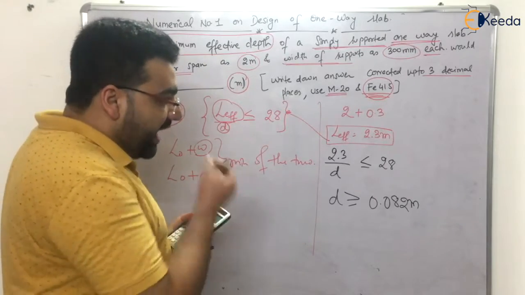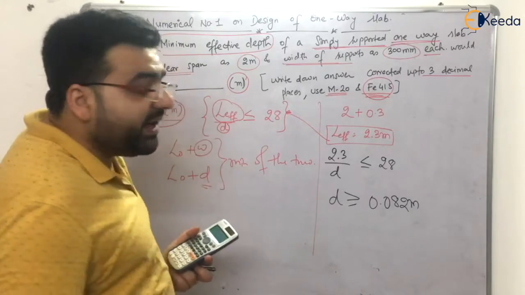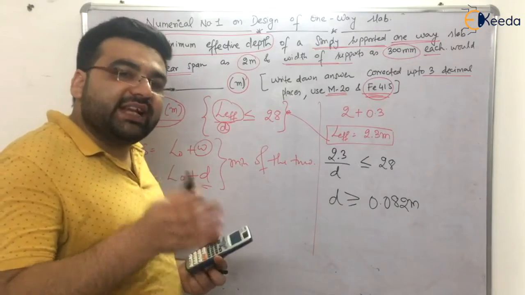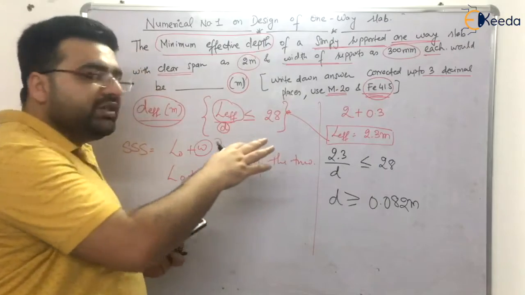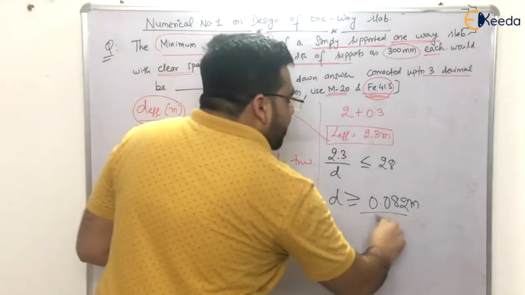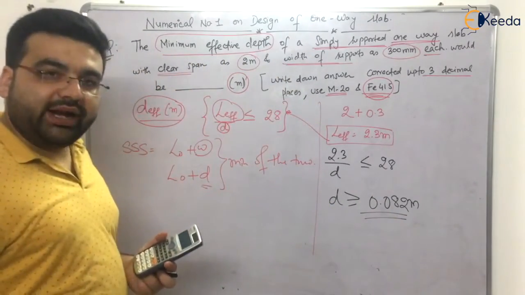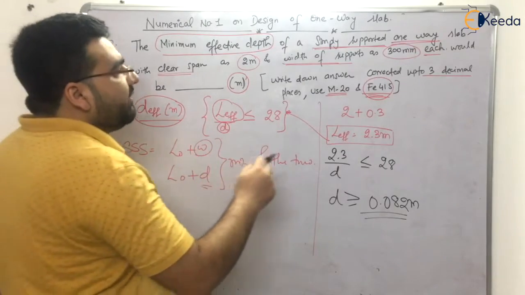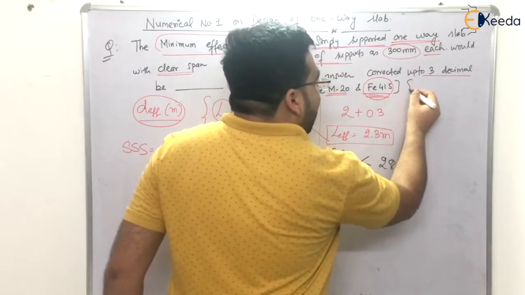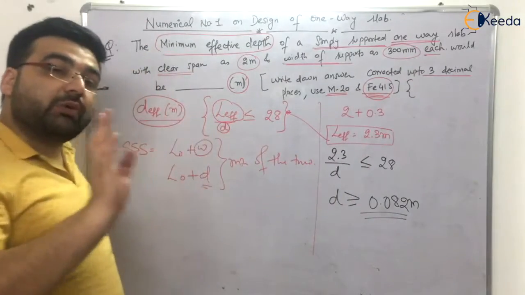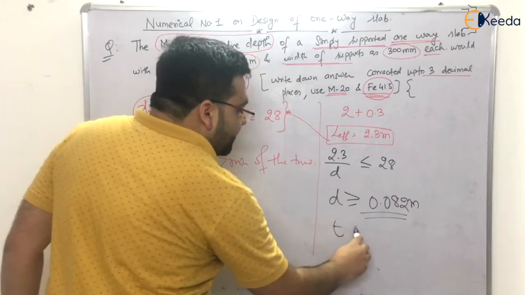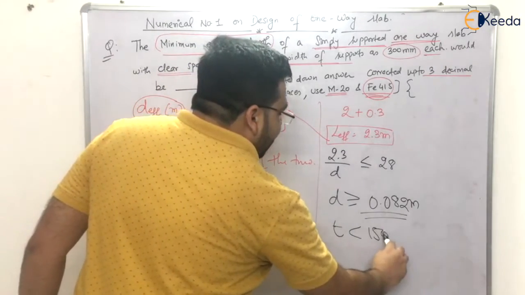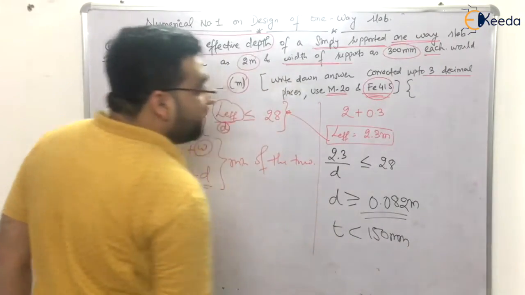But I have told you that the minimum thickness of the slab should be 150 mm. But you don't have to go into that. Whatever answer is coming, you write down the answer. But if the question says to also provide the IS code provisions, at that time you know that the thickness of the slab should not be less than 150 mm, or 15 centimeter.